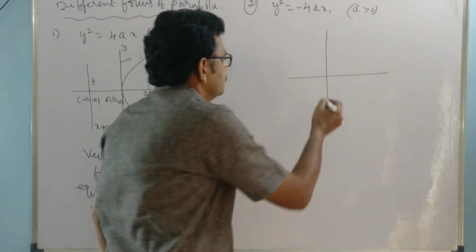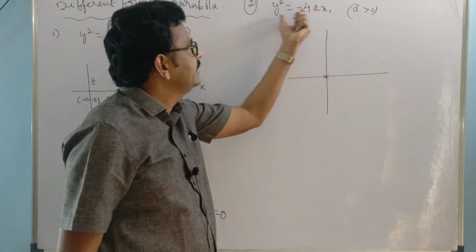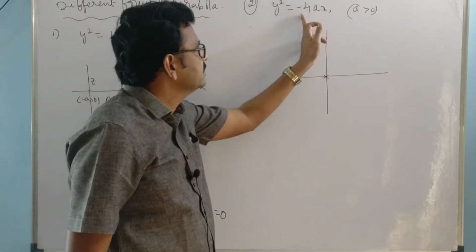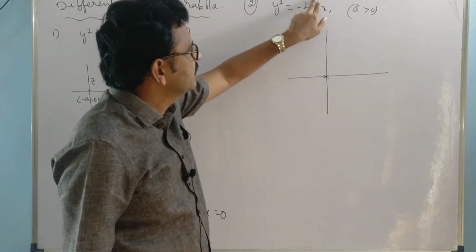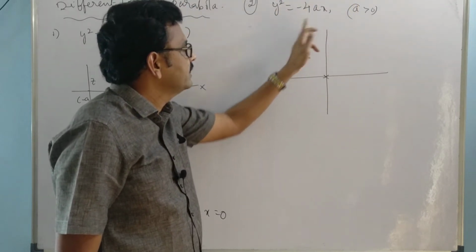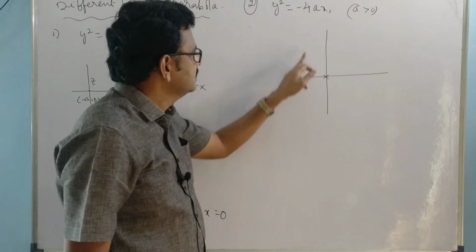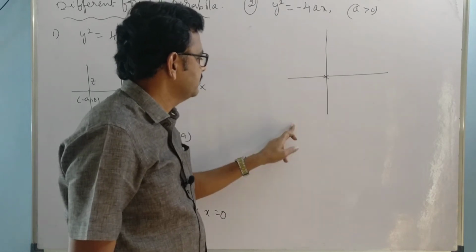At x equal to 0, y is 0. Only negative values of x are defined, because minus 4 into a negative value is positive. If x equal to minus 1, y is plus or minus 2; for x equal to minus 2 or minus 3, y is plus or minus something.